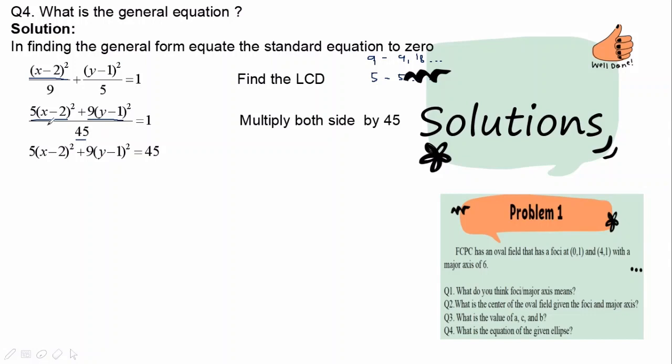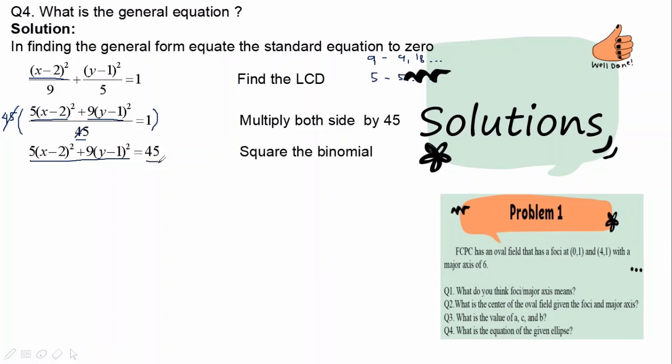So let's multiply it by 45. 45 times 1 over 45 is 1, or the remaining is the numerator here. Then 45 times 1 is 45.